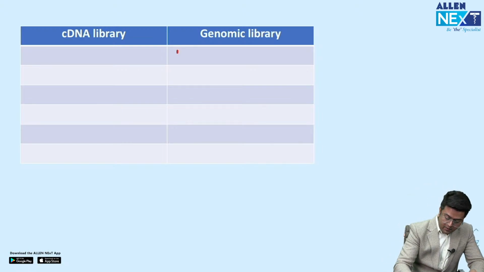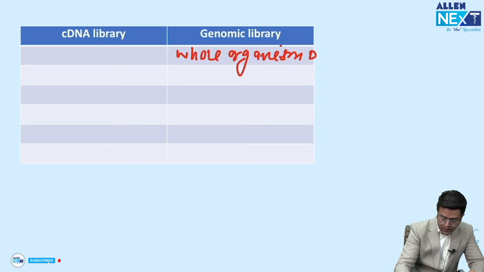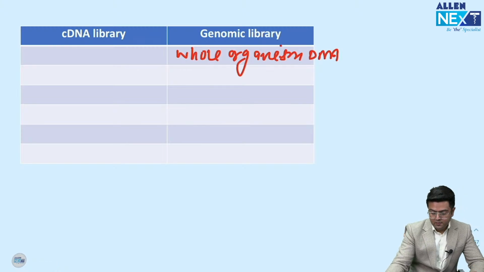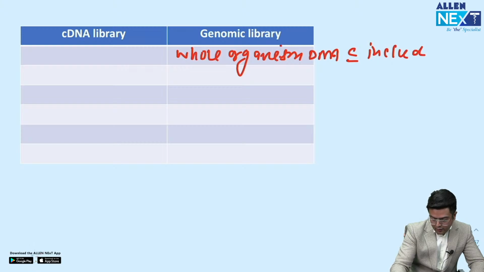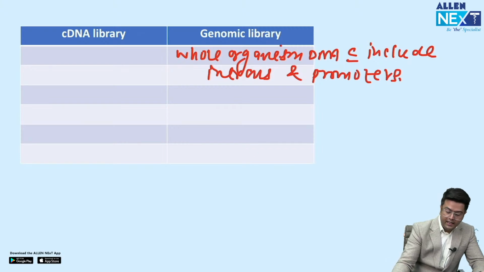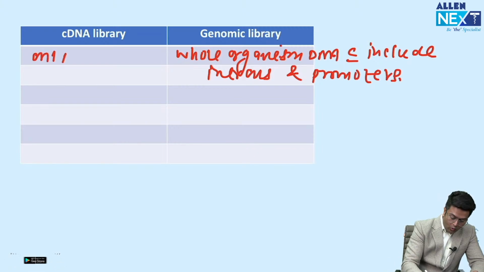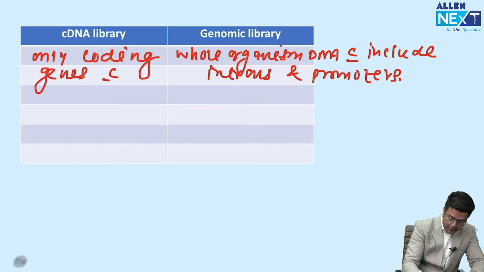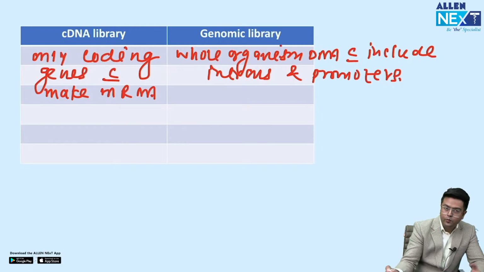So guys, genomic library means the whole organism's DNA, which includes the introns, meaning non-coding, and also some areas like promoters. What is a cDNA library? So only the coding genes, right, which make mRNA or the proteins.